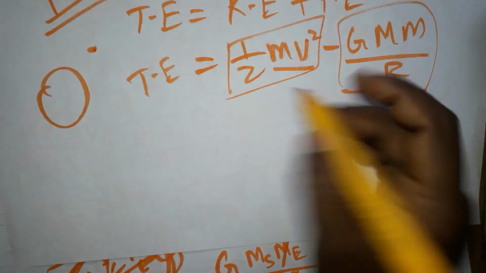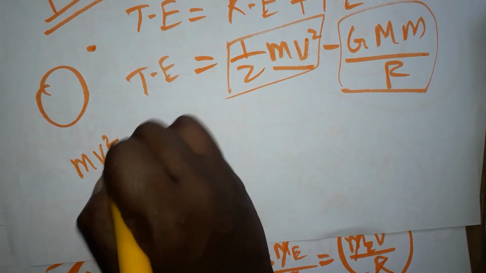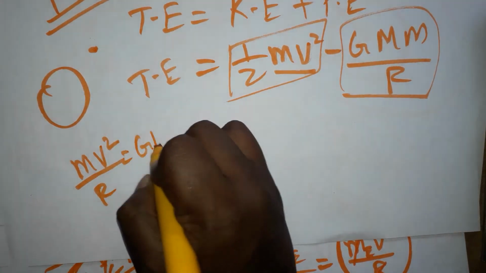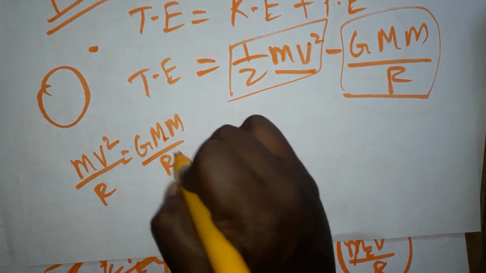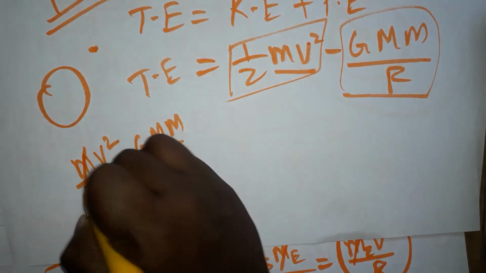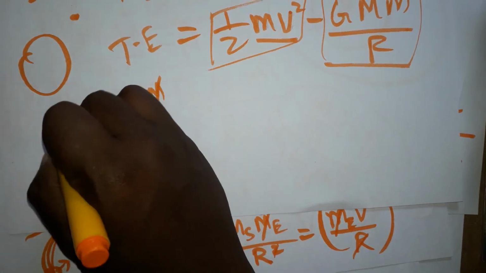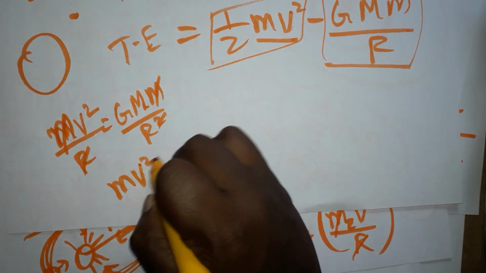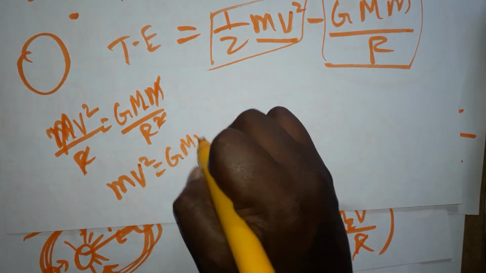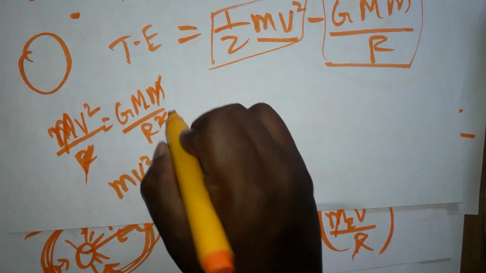Centripetal force is equal to gravitational force, which is G times Mm divided by r squared. Some terms get cancelled. Sorry, we want mv², so mv² is equal to G times Mm divided by r, since only one r gets cancelled.